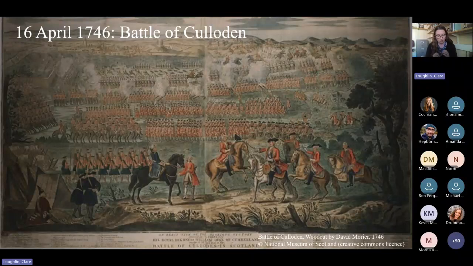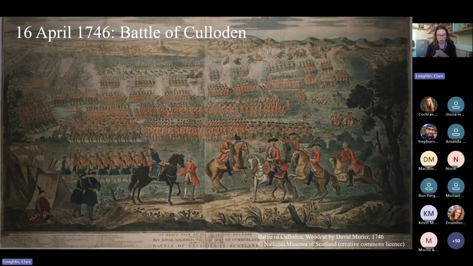Leading this army of Jacobites, the term Jacobites coming from the Latin Jacobus for James, was Charles Edward Stuart, Jacobite Prince of Wales and grandson of that long ago exiled and deposed king. The Battle of Culloden is the culmination of a months-long rising against the Hanoverian government.